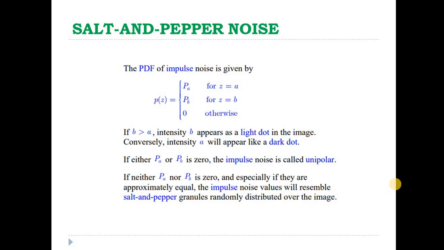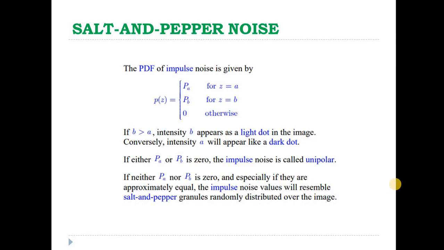If intensity a is greater, it will appear like a dark dot. If neither Pa nor Pb is 0, and especially if they are approximately equal, the impulse noise values will resemble salt and pepper granules randomly distributed over the image.